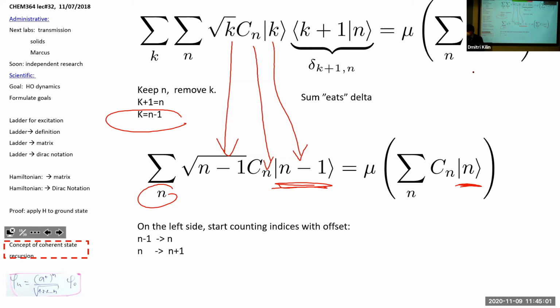So if n equals k plus 1, then k equals n minus 1. Then everywhere where we have n, we can put n minus 1.